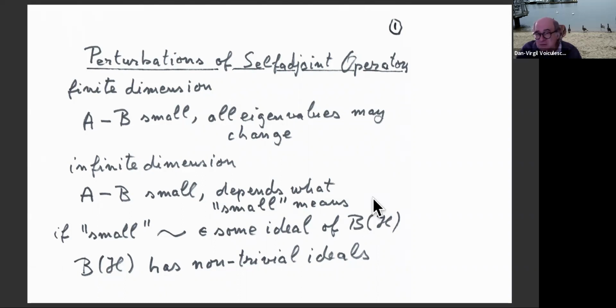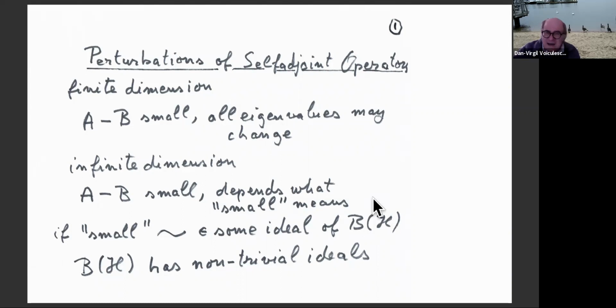This has to do with the fact that the algebra of bounded operators on a finite dimensional Hilbert space is simple, while in infinite dimension, this algebra has non-trivial ideals.